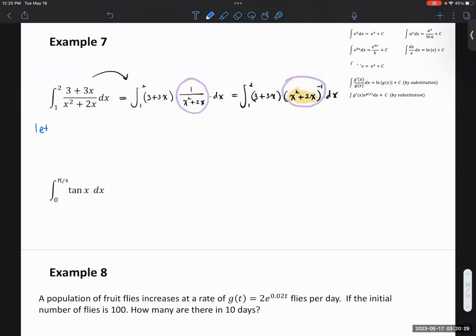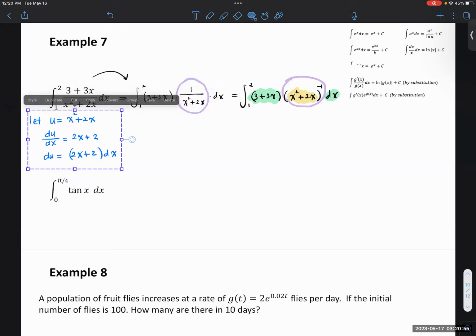Let u equal x to the second plus 2x. du over dx is 2x plus 2. So du equals 2x plus 2 dx. I actually need 3 plus 3x times dx, but we have a 2, so we have to modify.